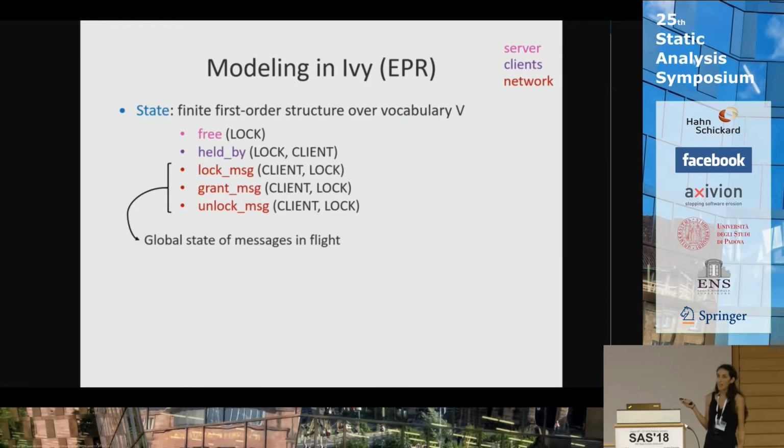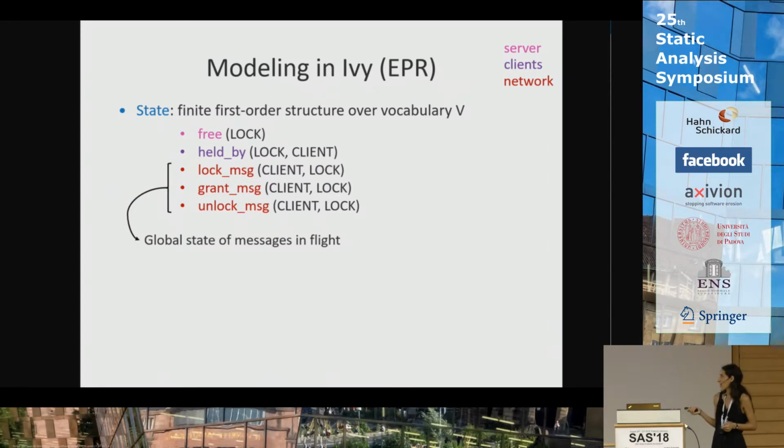We have three kinds of messages in this protocol: lock messages, grant messages, and unlock messages. For each of them, we have a binary relation, remembering, for example, that a lock message was sent by this client, and it requests this lock, and so on.